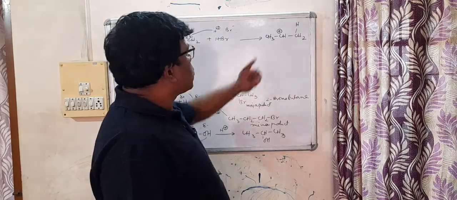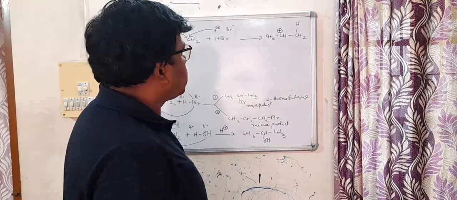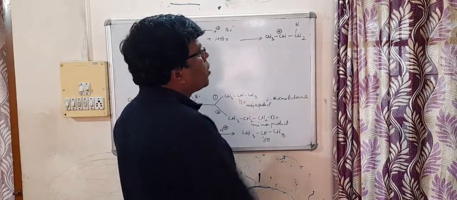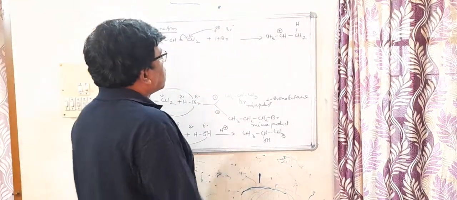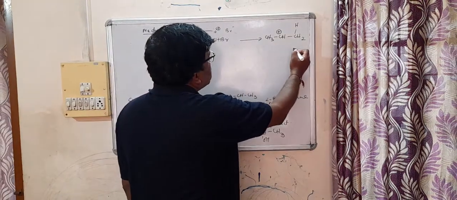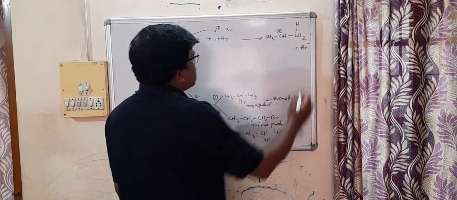When carbon is positive, it is called carbocation. So a carbocation is formed. Carbocation is an intermediate. So this carbocation is formed plus Br minus.